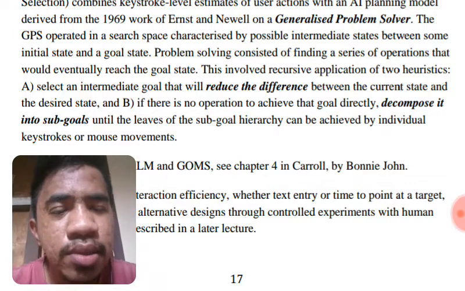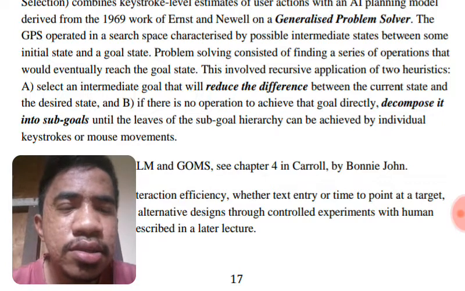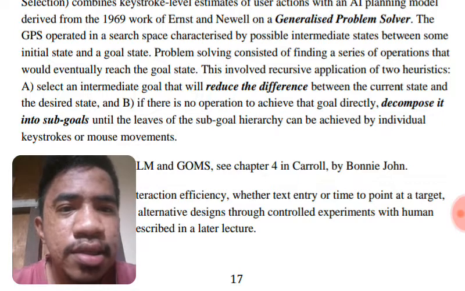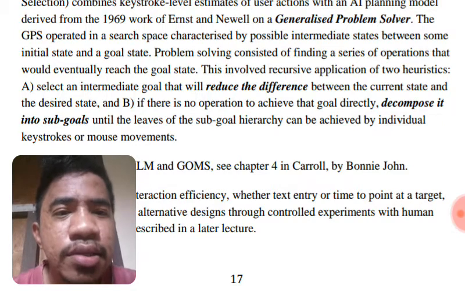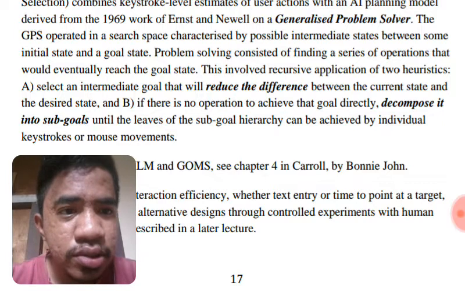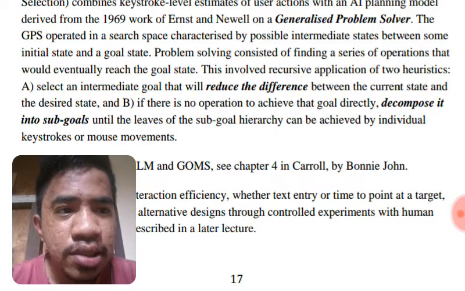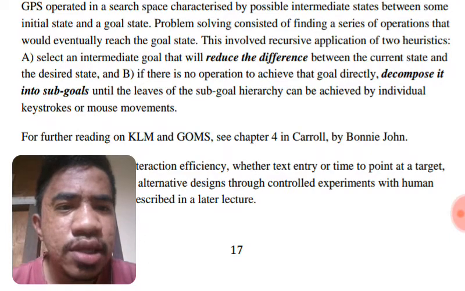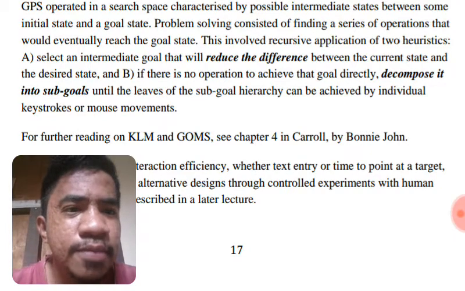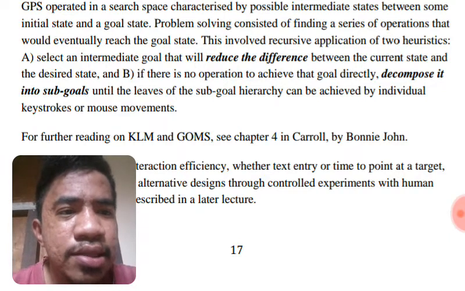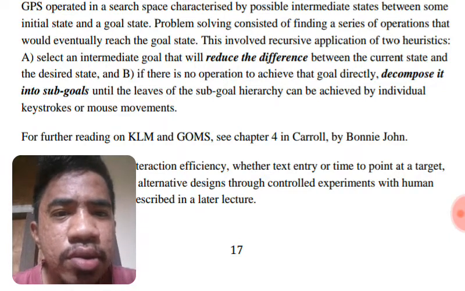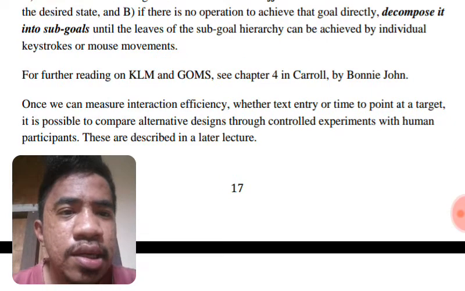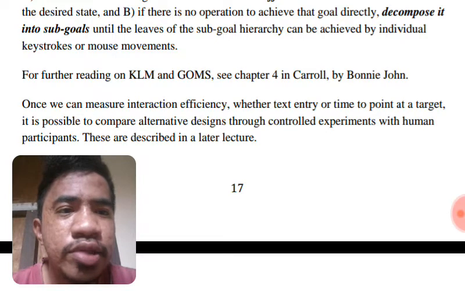A. Select an intermediate goal that will reduce the difference between the current state and desired state, and B. If there are no operations to achieve that goal directly, decompose it into sub-goals until the leaves of the sub-goal hierarchy can be achieved by individual keystrokes or mouse movements. For further reading on KLM and GOMS, see Chapter 4 in the book by Carroll and Jones.